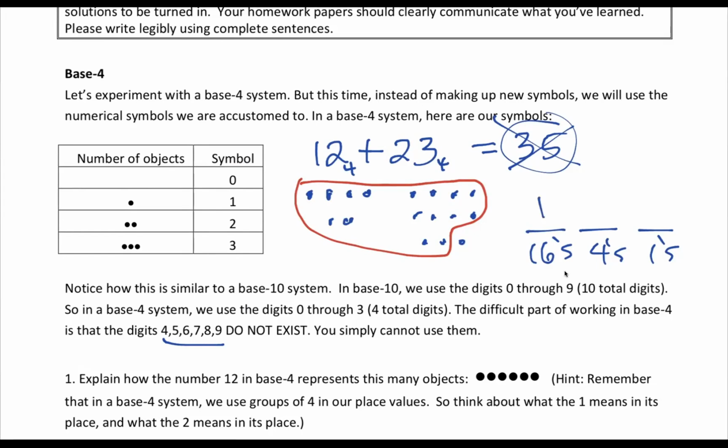Now, once that's removed, next I go to groups of 4. I can't use those dots that I've circled because I've put them in a place. So do I have any groups of 4? No, there's no groups of 4 remaining. There is just 1 ones. So this would be 101 base 4, or just 101 is fine as well, okay?